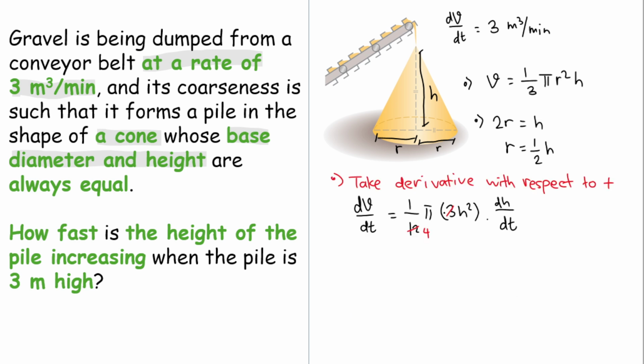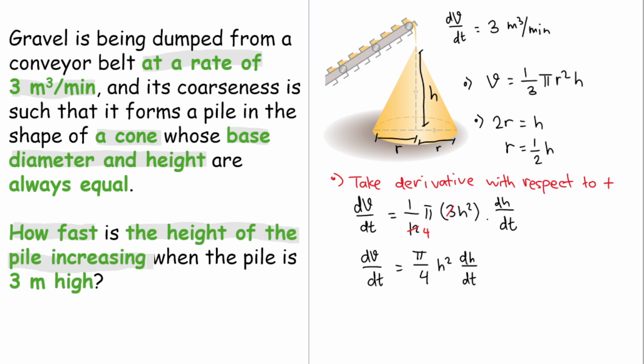Okay, now this becomes dV/dt, and this will equal pi over 4 multiplied by h squared, and then dh/dt. And then the question is asking us how fast the height of the pile is increasing.